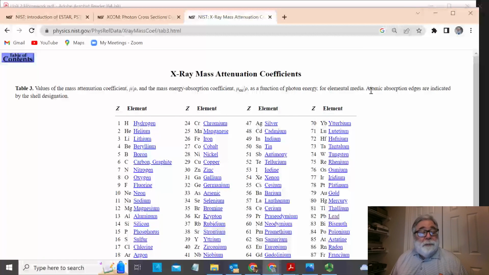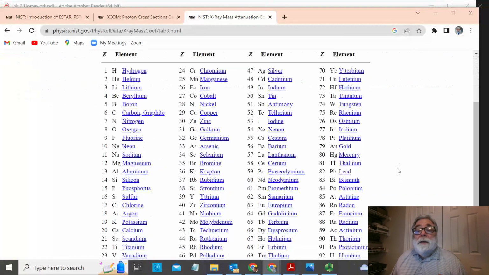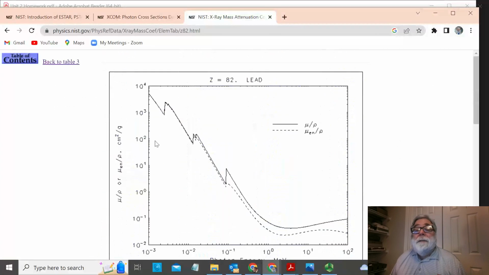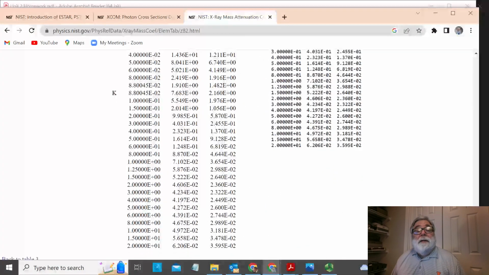Go back to 100%. There we go. And lead is right here. This is what the graph looks like. We could just try to interpolate it, but we can also scale down and see what the data is. So for this, it's 3 MeV.